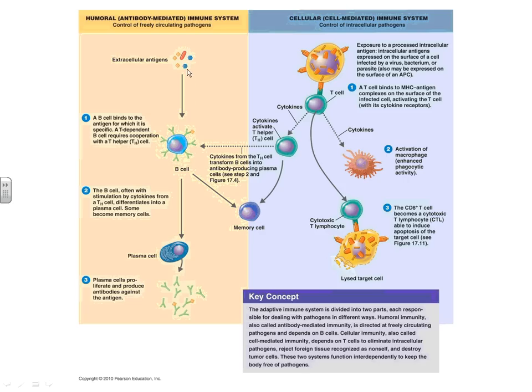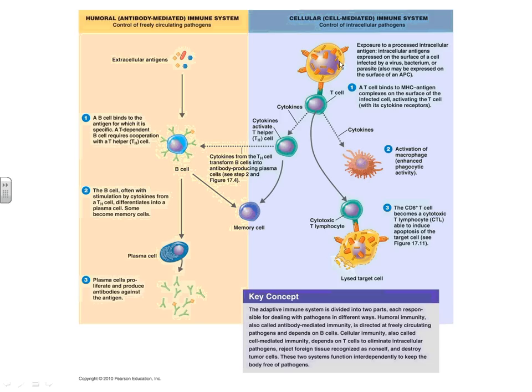The B cell binds to a free antigen, proliferates, makes a plasma cell to produce antibodies. These antibodies can go back and bind to the original antigen. Remember, to do this, the helper T cell has to give the B cell permission.